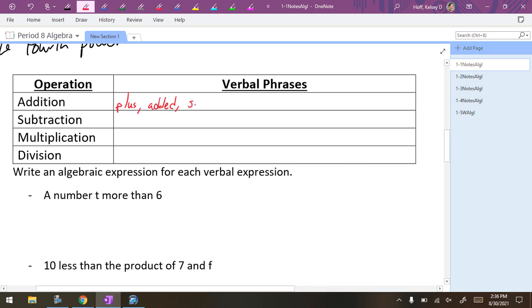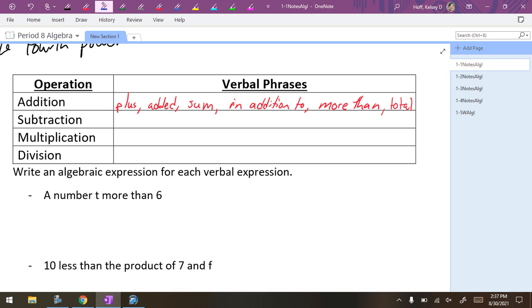Another one will be in addition to, and more than. Those are probably your most common that you'll see. Now, there are other ones. Another one is total. When they talk about like in total, there were 12, usually 99.9% of the time they're talking addition.